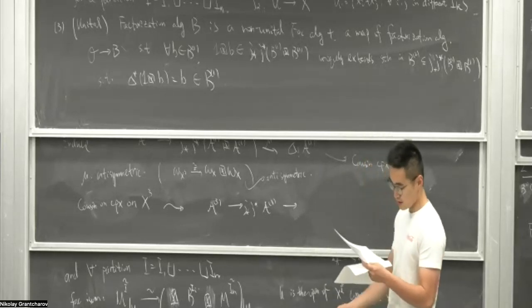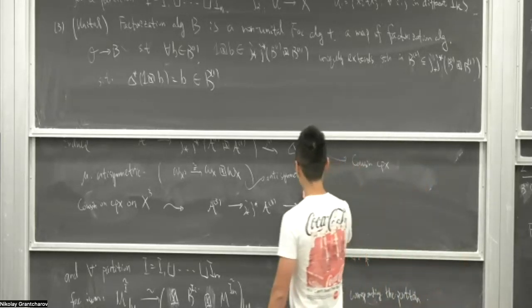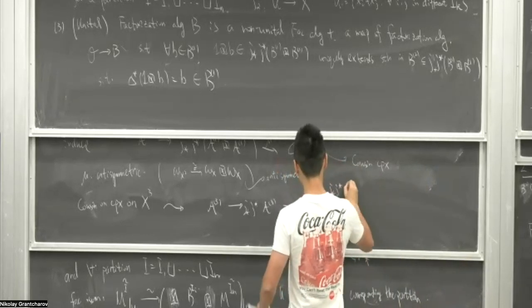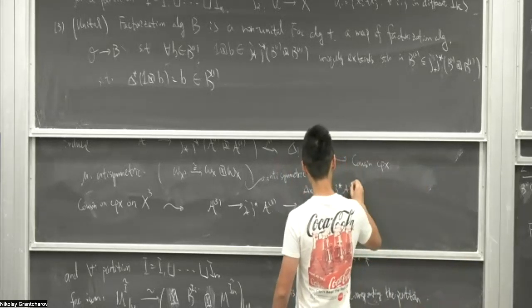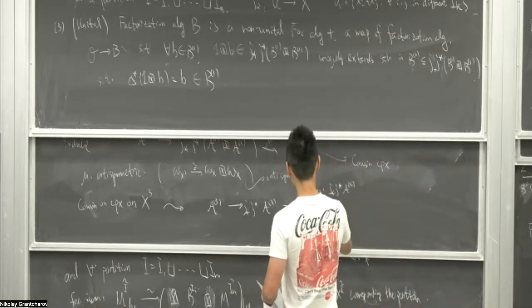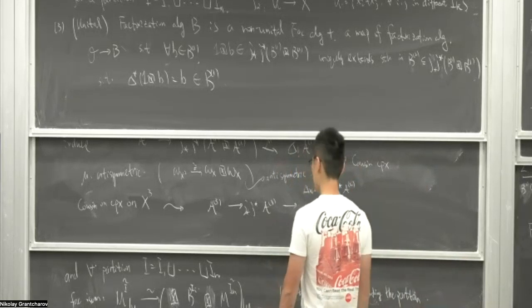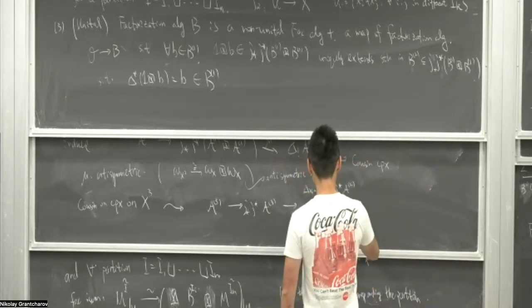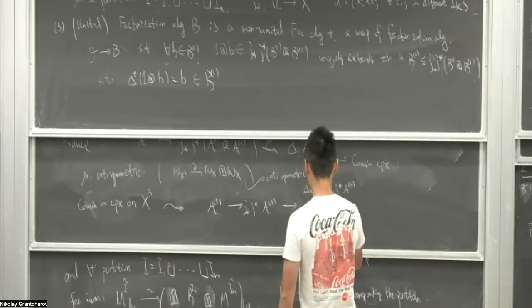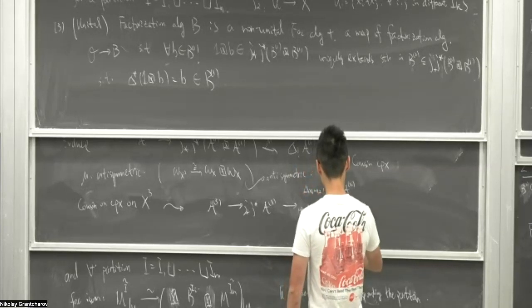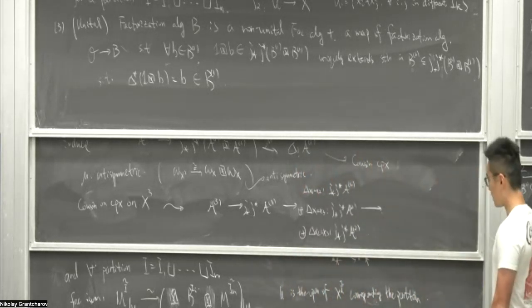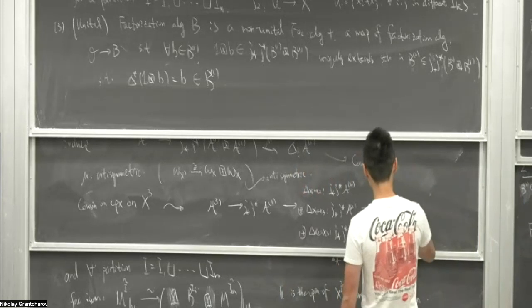The second strata is where two of the coordinates coincide. The last term would be just the strata where all three coordinates are the same.